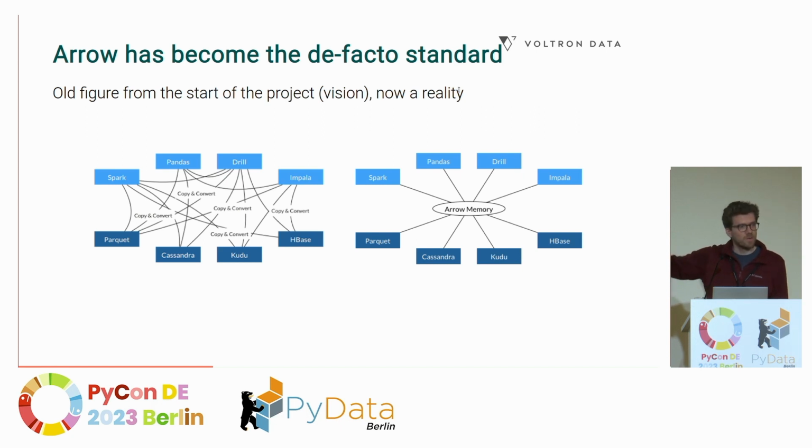That's what they wanted to achieve. And nowadays it's actually reality. I'm not super familiar with all the names on this figure, but you could certainly make a similar one with pandas, R, Spark, Snowflake, BigQuery, ClickHouse. They all use Arrow to interchange data.